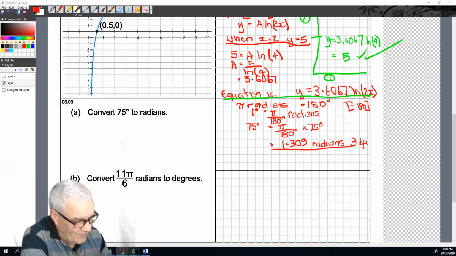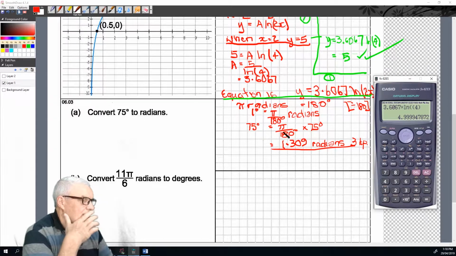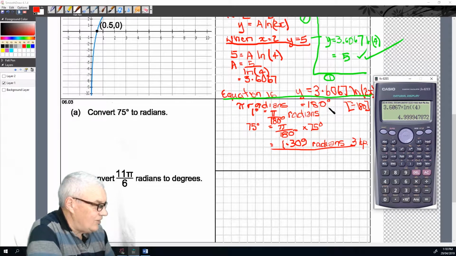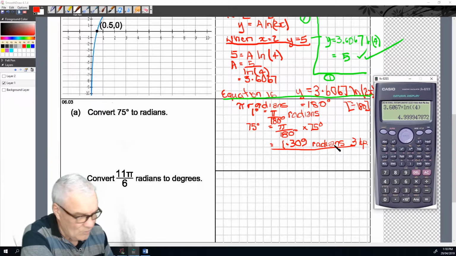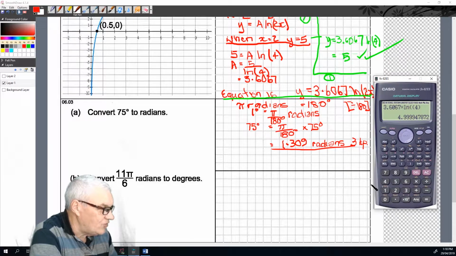3dp. So remember, this little bit here is in your formula sheet. So let's see what we got to do.